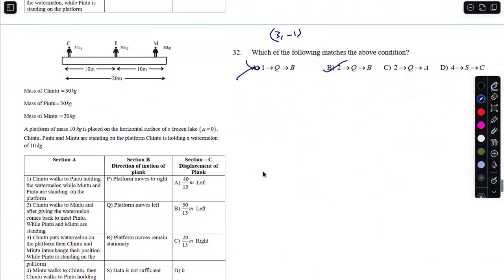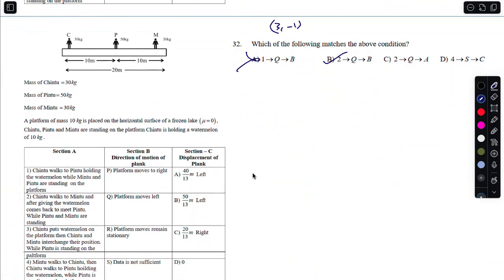Now you check with the two. Chintu walks to Mintu and after giving the watermelon, comes back to meet Pintu while Pintu and Mintu are standing. Now you should do this in two different parts. Two times you need to apply this. Do you understand what I am saying? No. You do it as another sum.